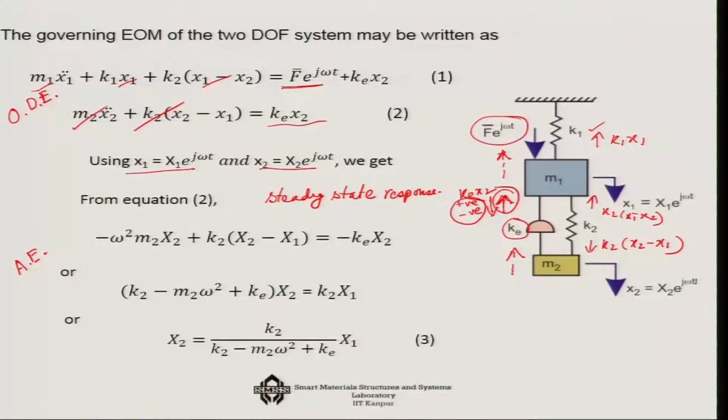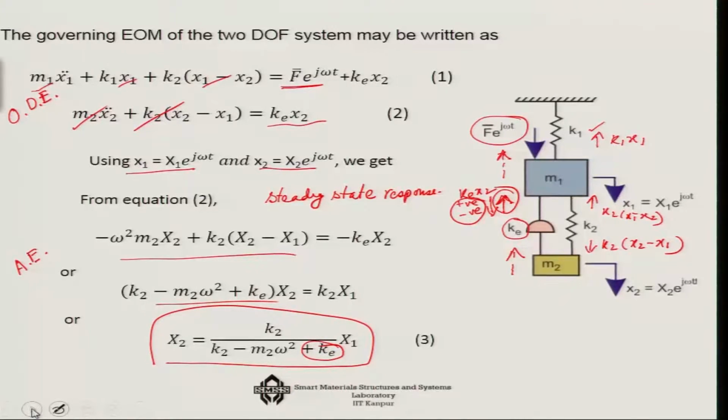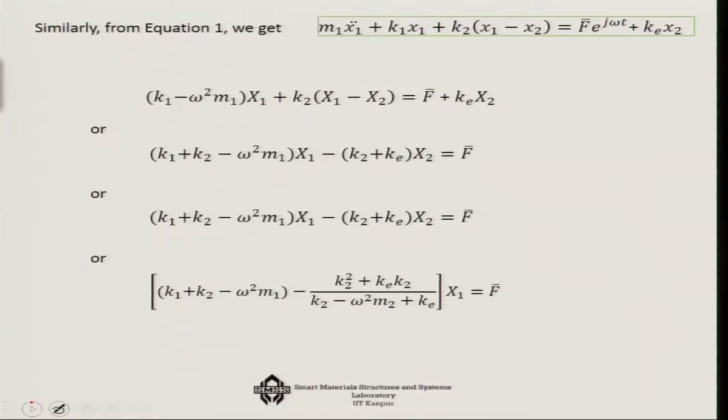Once I do that in the steady state, I get these relationships, working on which you will get a relationship between x2 and x1, in which you can control x1 or x2 by controlling this gain k, and you can make it positive, make it negative, you can play with it. That is the advantage of active vibration control in this case.